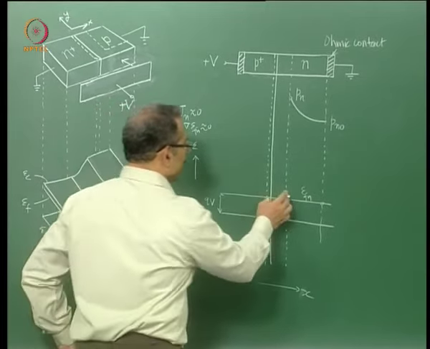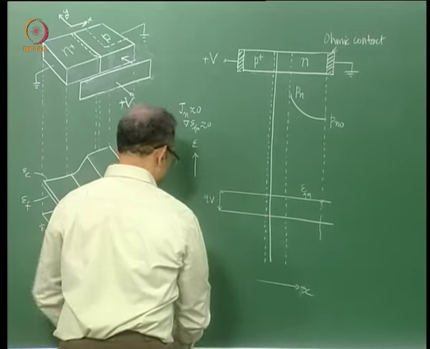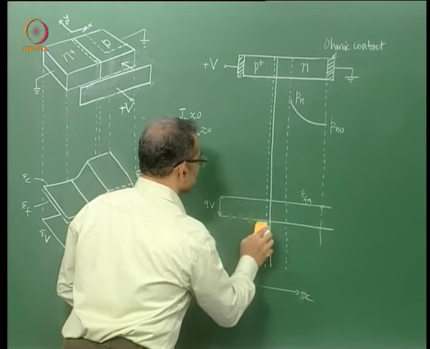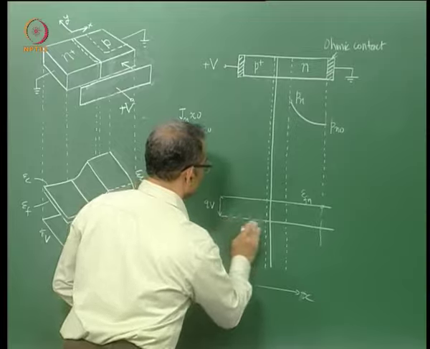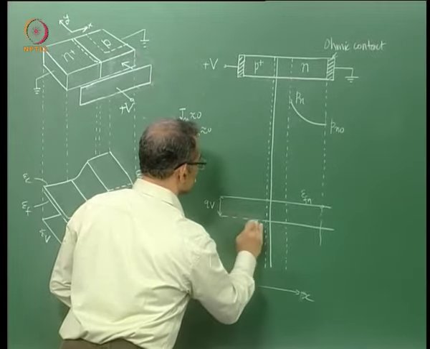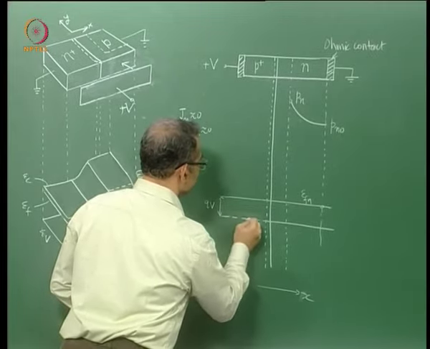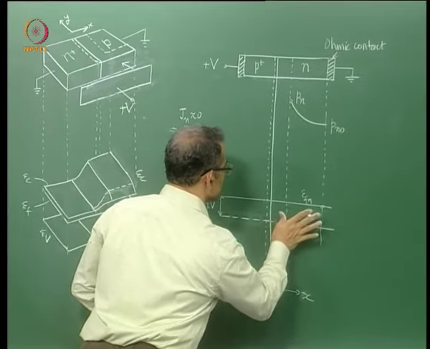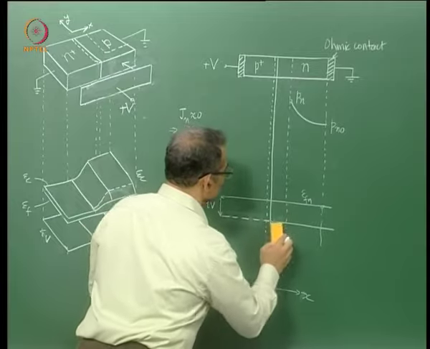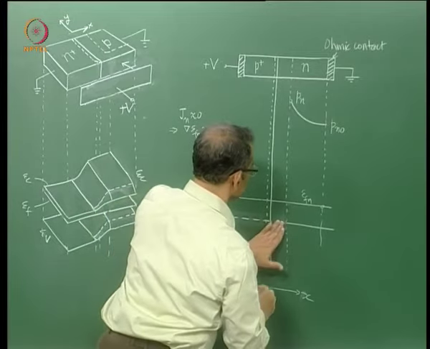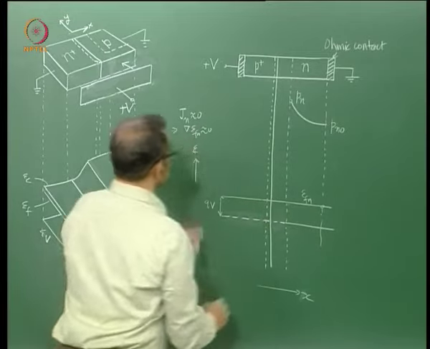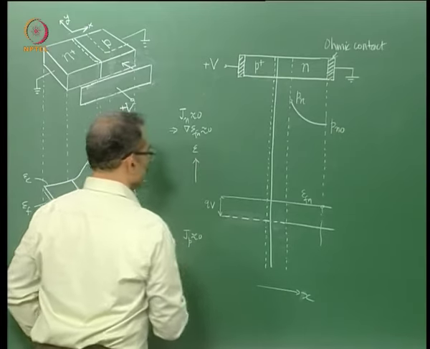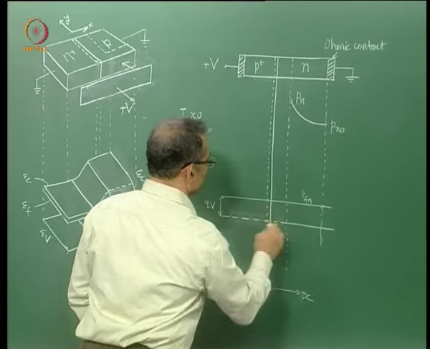I can do the same thing for quasi Fermi level for holes. So quasi Fermi level for holes is again a constant line because currents are small, and I can pull this constant line into the space charge region because I will assume quasi equilibrium Jp approximately equal to 0, and I have come up to this point.